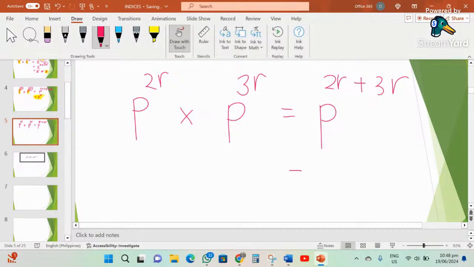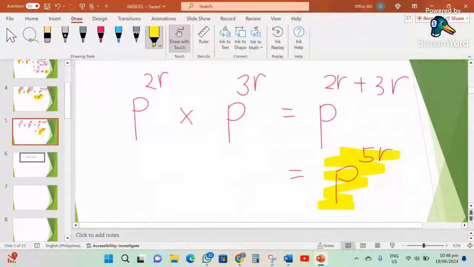The answer would be p to the 5r. That's the answer. Okay, p to the 5r. But if it's a negative exponent, then of course, it depends on which one is greater.